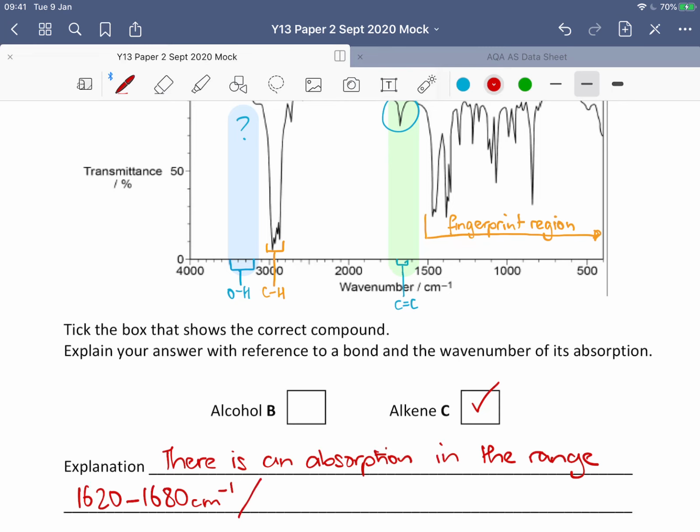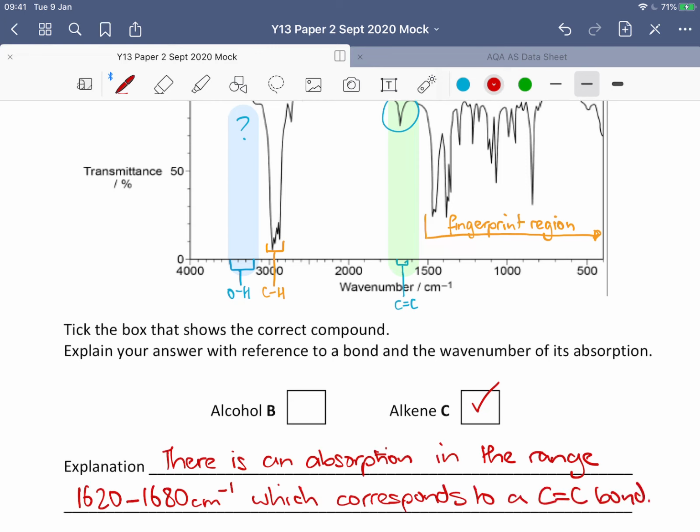There is an alternative answer. Because you might not feel super confident about the carbon-carbon double bond peak, or maybe you're slightly hesitant about it, what you can absolutely categorically say is there is no... what I should have said, apologies, I should make this super clear, which corresponds to what we're saying.